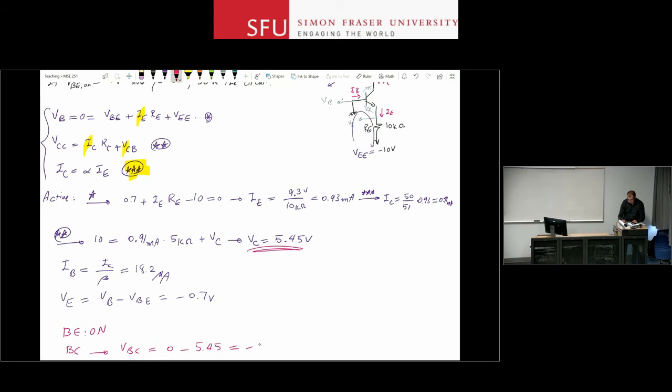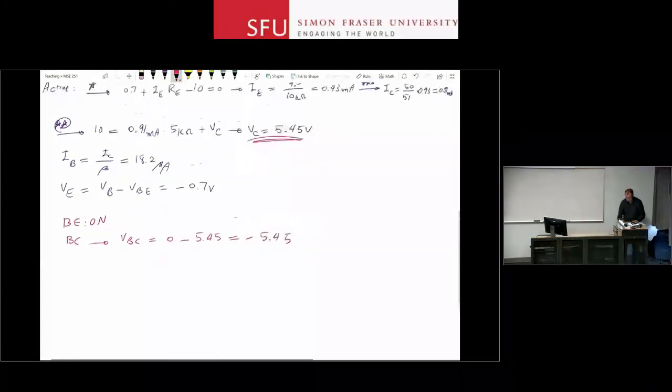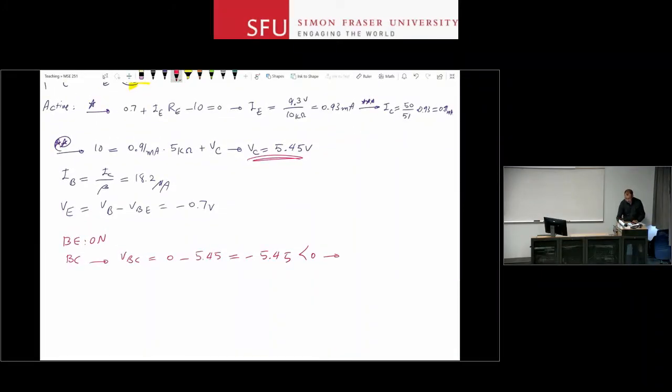So this is minus 5.45. So this is VBC across this diode here. The voltage is negative, so this is less than 0, so this is BC off. So this is the conclusion. This was for BE, this was for BC, so therefore active. I solved the circuit with the assumption of active region.